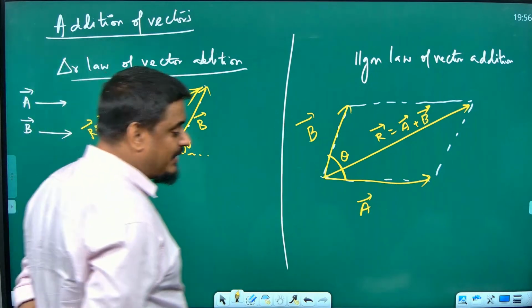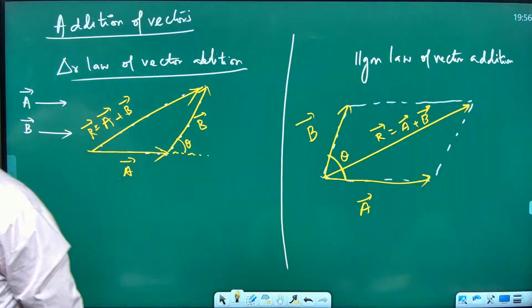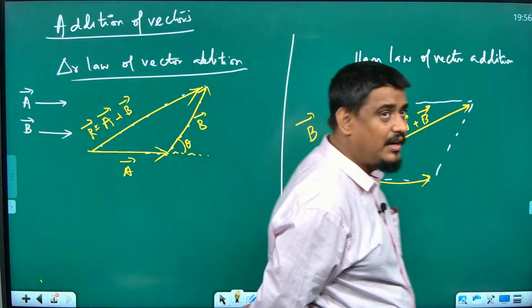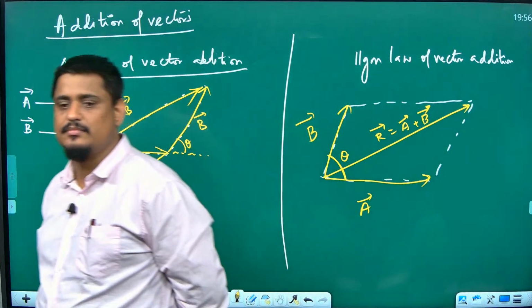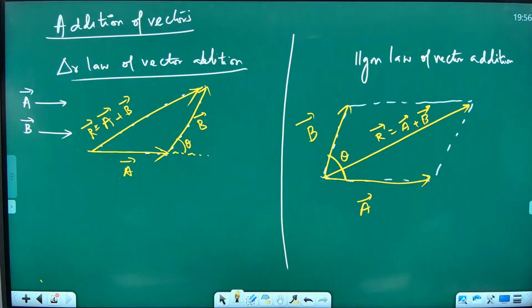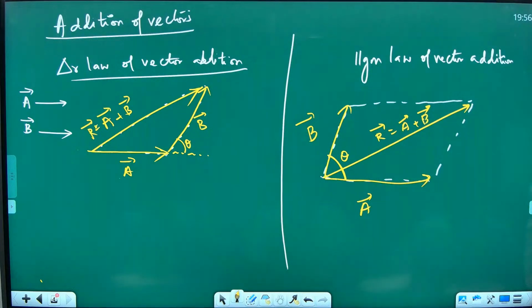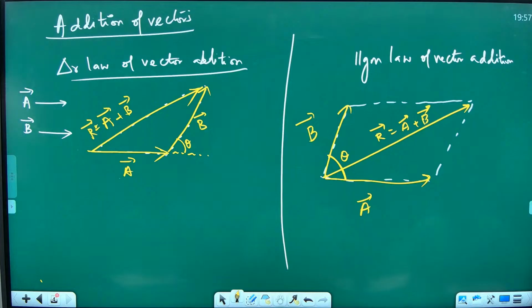The two vectors that have to be added are kept on two sides of a triangle in such a way that the head of the first vector lies on the tail of the second vector.